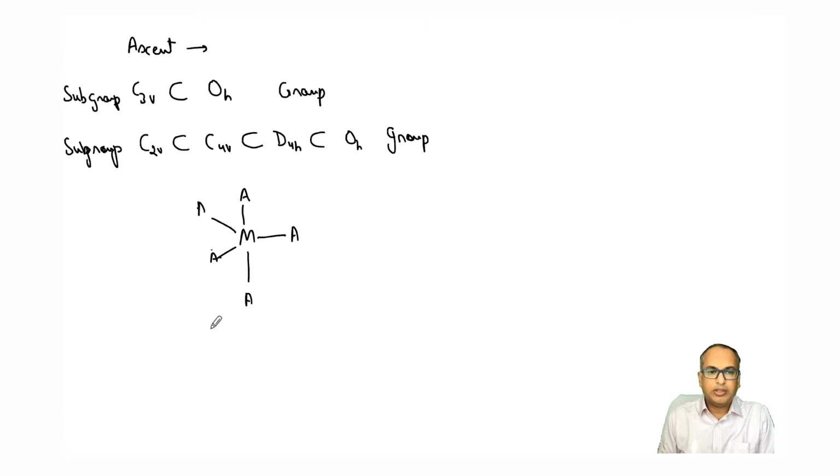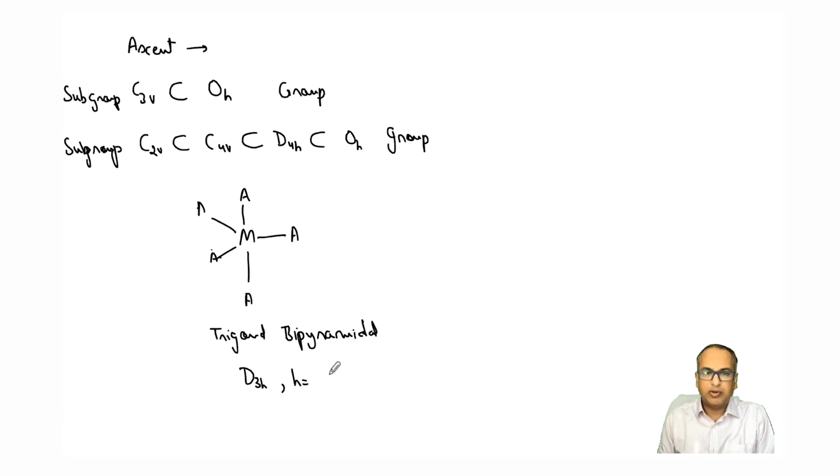What will be the point group? The point group will be D3h here. D3h, and the order for D3h, I think, will be 12. We can verify it.